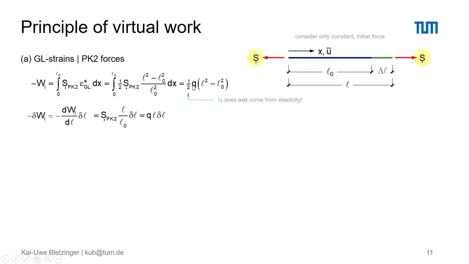It simply looks like the work and the energy from an elastic deformation. But as you have seen, it's not coming from the elastic deformation. It's simply coming from the definition of the Green-Lagrange strain. It does not come from elasticity. That's important to understand.